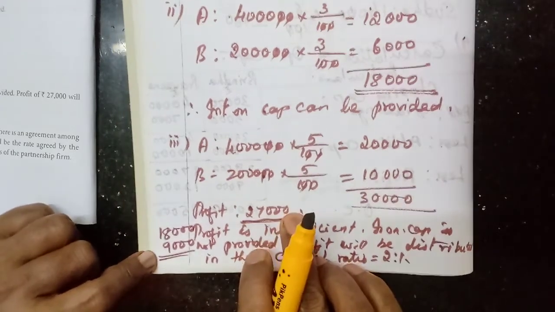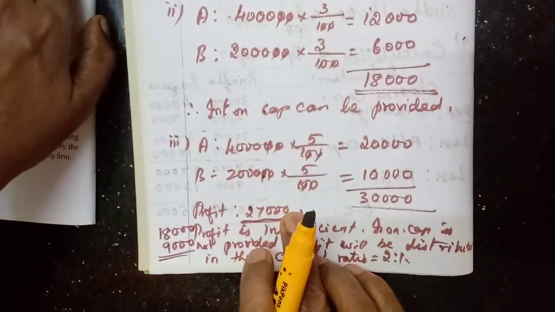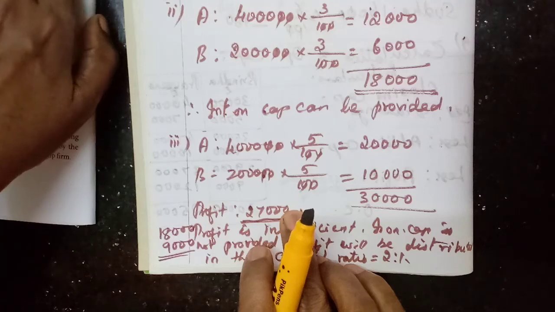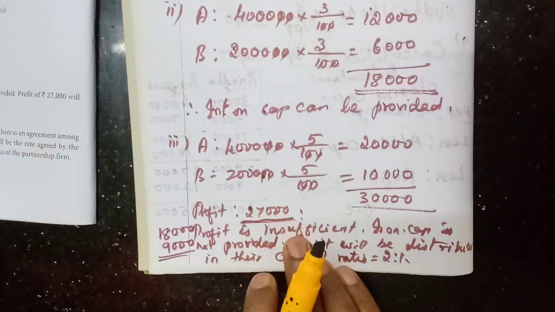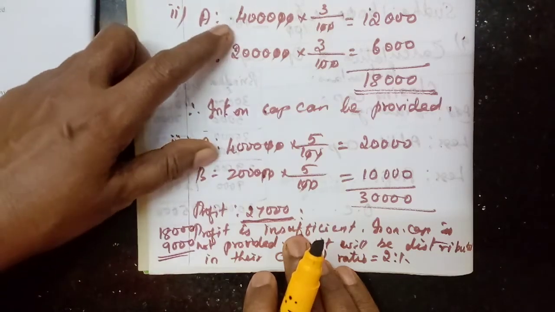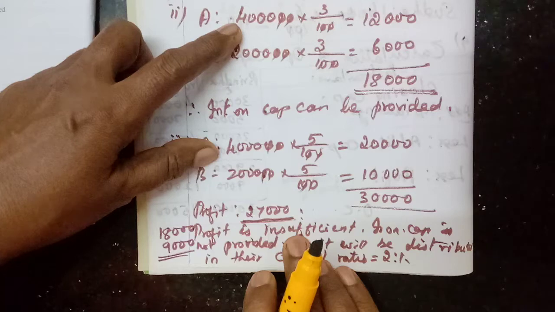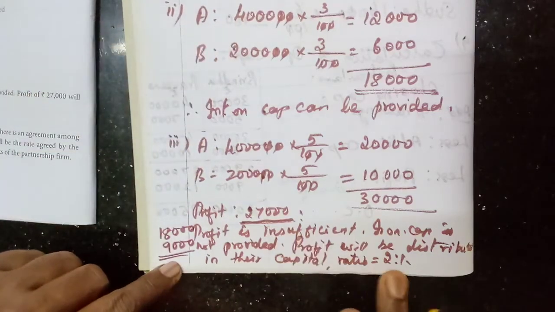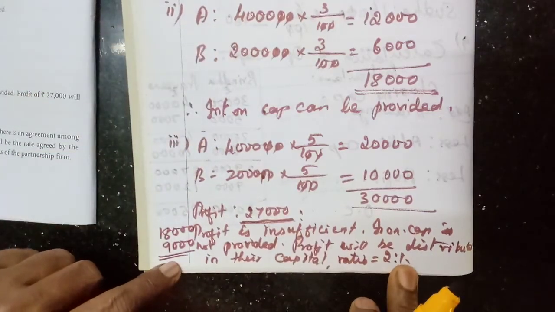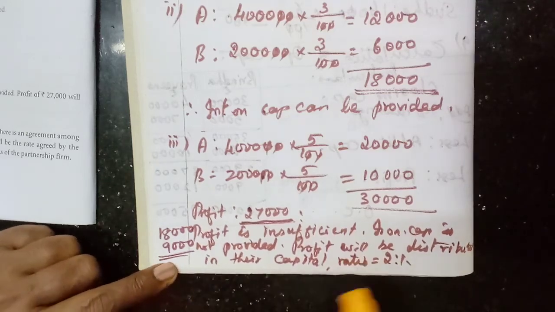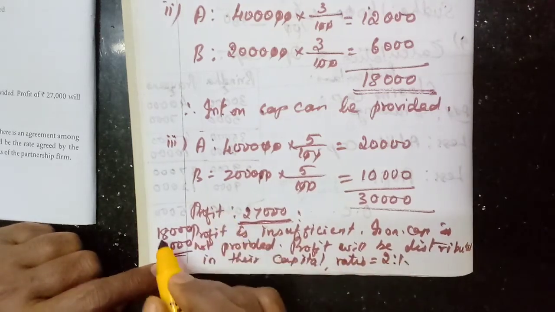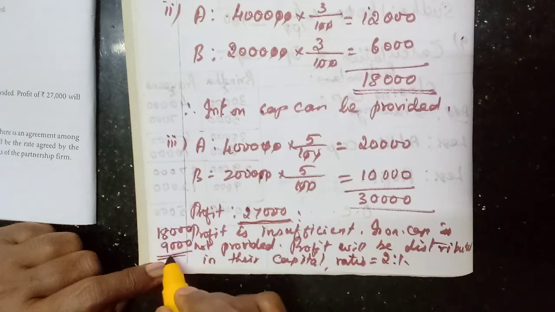Otherwise it is not good, because the profit sharing ratio is agreed as 3:2. Then A would be getting a little more. But you see here 2:1, double. Just one more part from that second partner B: he is getting 18,000 and 9,000.